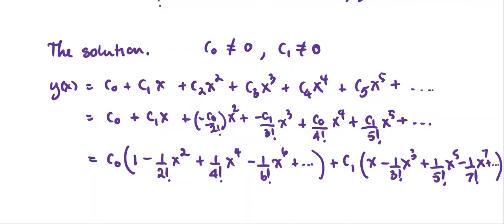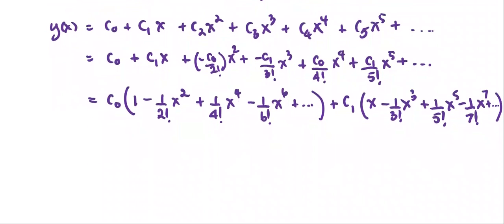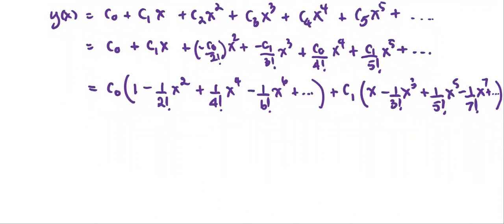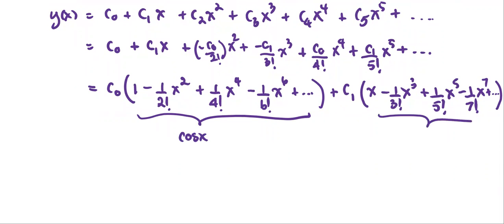As you recognize the pattern of the series expansion, the first group here is the Taylor series expansion of the cosine function, and the second one is the Taylor series expansion for the sine function. We can see this as C0, the first coefficient. I'm going to write it as C1 star, and the C1 from the process is C2 star.